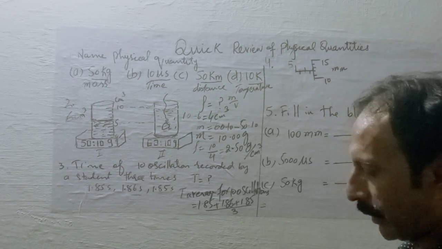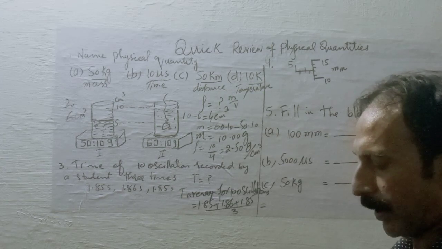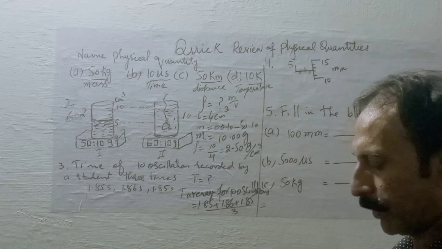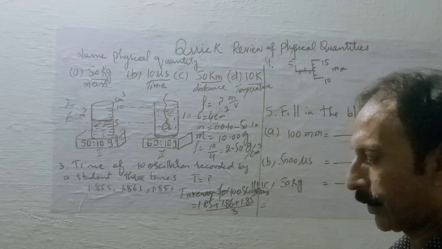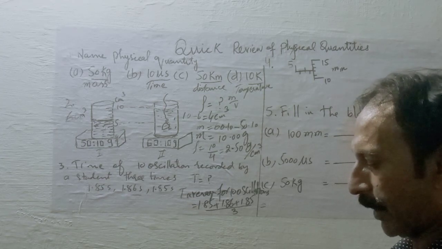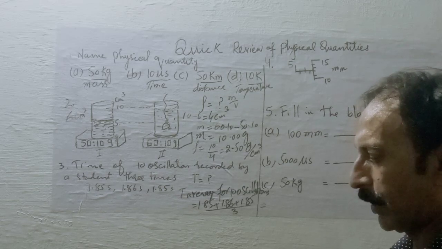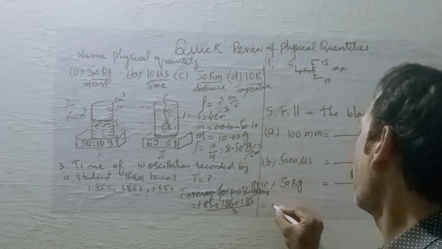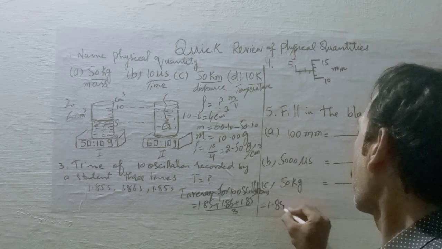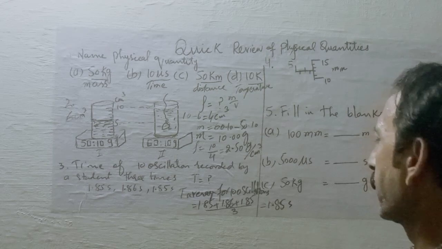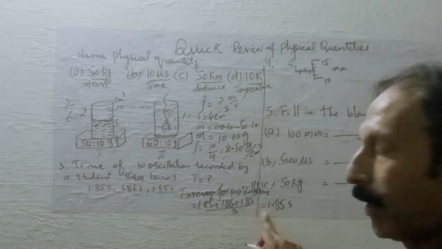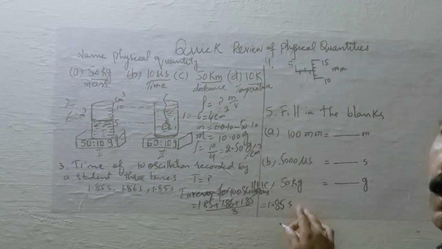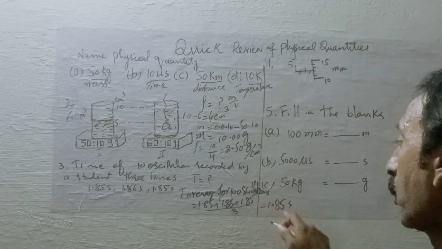I'm going to calculate it. 1.85 plus 1.86 plus 1.85 and divided by 3. So your answer becomes 1.85 seconds. So this is not the time period, but it is the time for 10 oscillations. You have got the average of 10 oscillations.